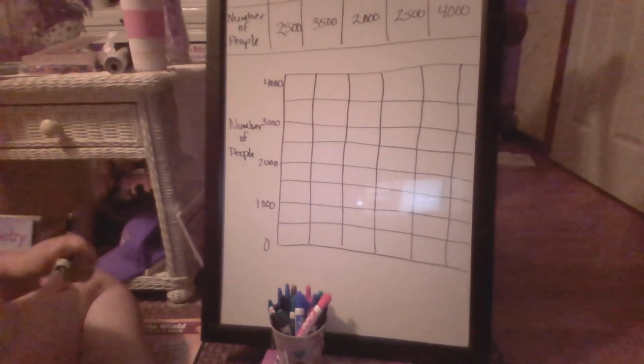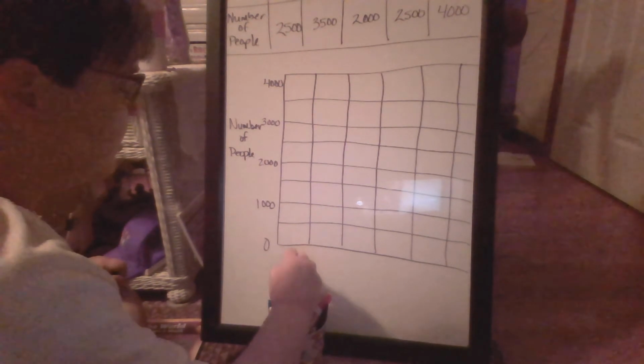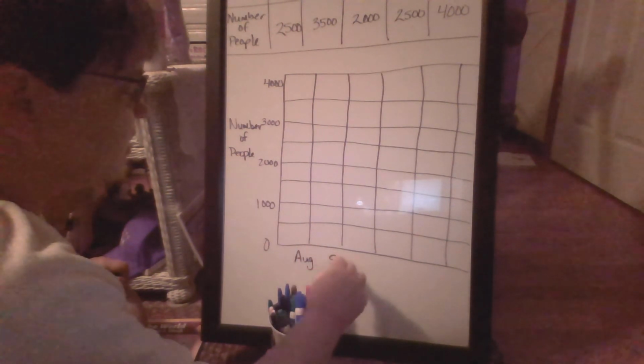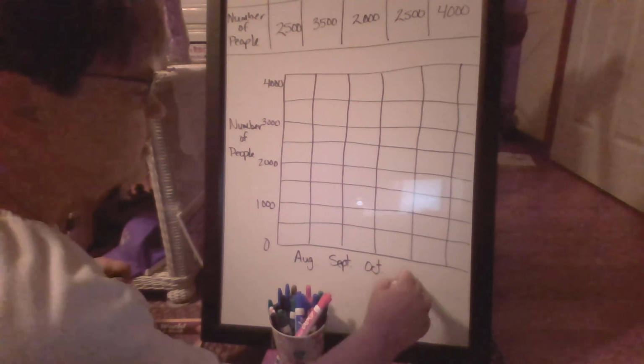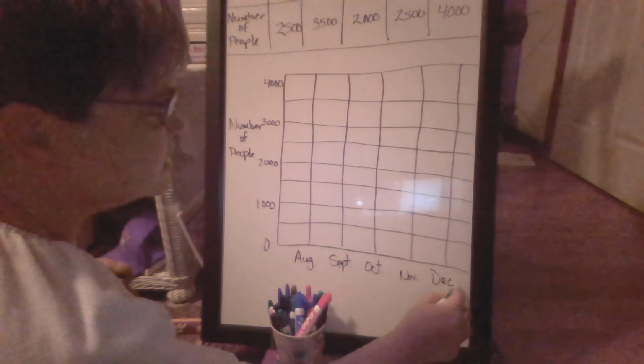I'll put this down here, and I will label this line August. This one is September, October, November, and this last one will be December.